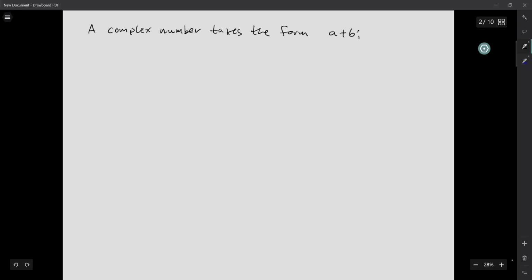So a complex number takes the form a plus bi, which basically says I have a real number a plus some real number multiple of i. And the way this is built is it's kind of like with a polynomial. I'm looking at all of the polynomials where x is replaced by the letter i.